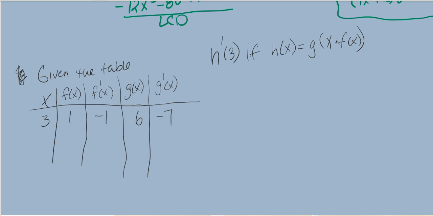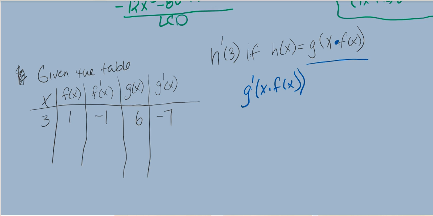But not only am I going to use the chain rule, but if you also notice, this x times f of x means that we're also going to use the product rule. So if I'm using the chain rule, the first piece is that I need to take the derivative of the outside piece of this, right? So the derivative of that would be just g prime of x times f of x. That is the first piece, okay?